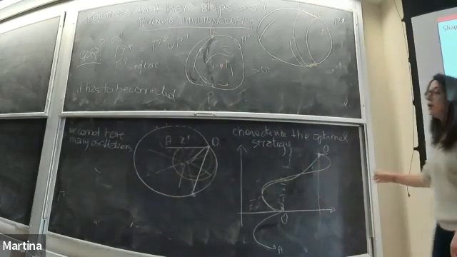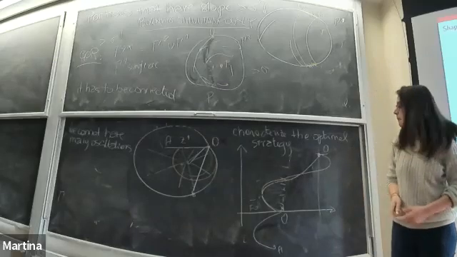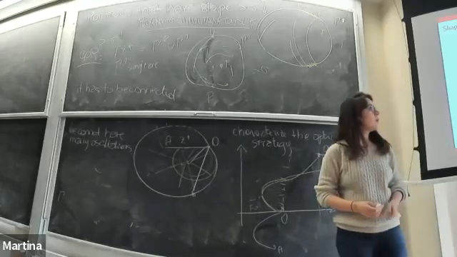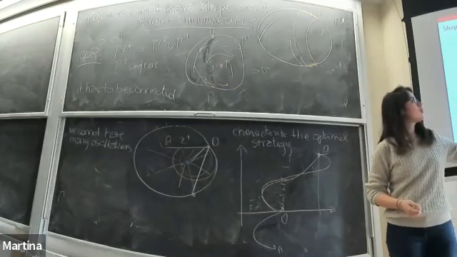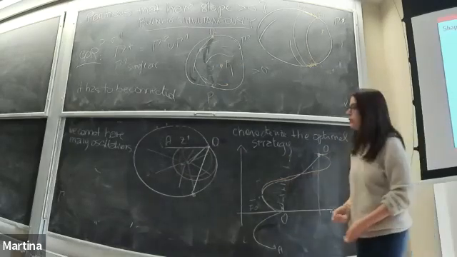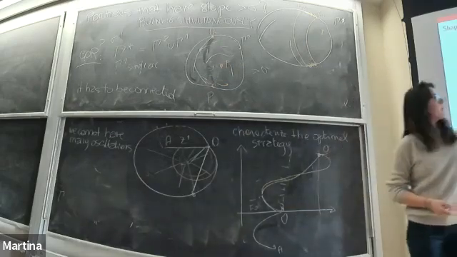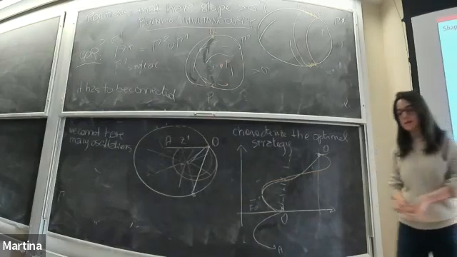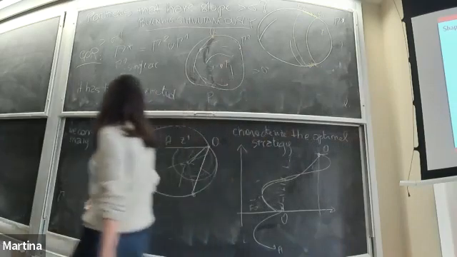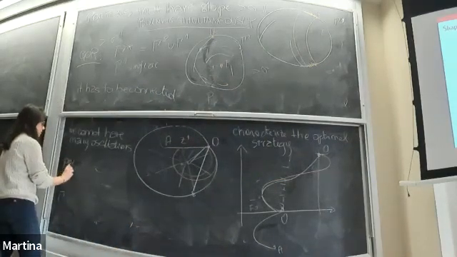Okay. So the only possibilities for the optimal strategies are the two following ones, and they correspond one to a segment plus a branch of logarithmic spiral as before, and the second one to a segment plus a branch of logarithmic spiral plus two segments. But then there is another result, a proposition.